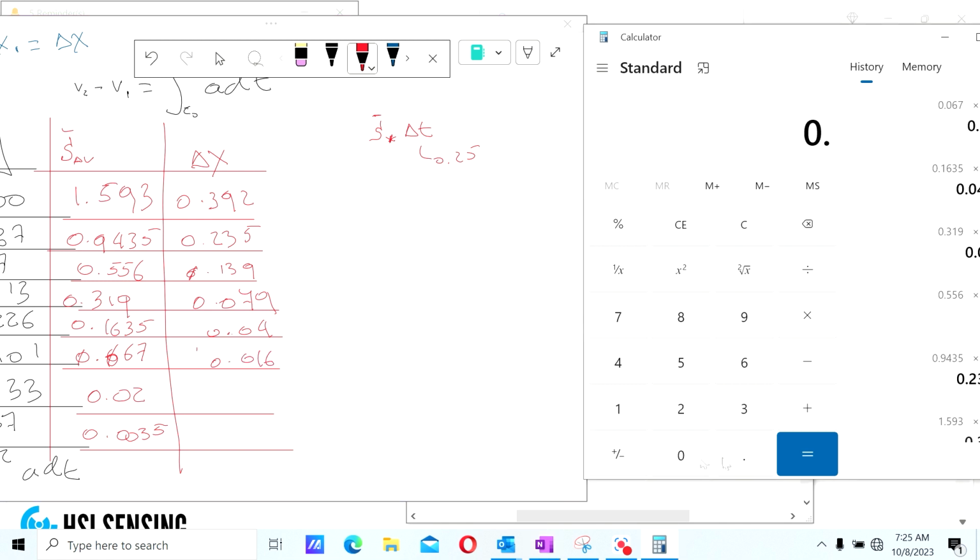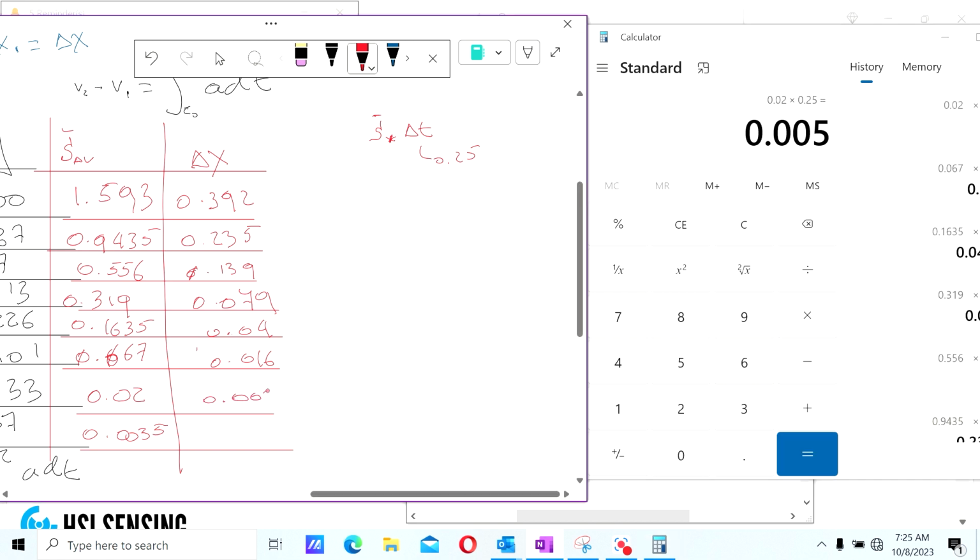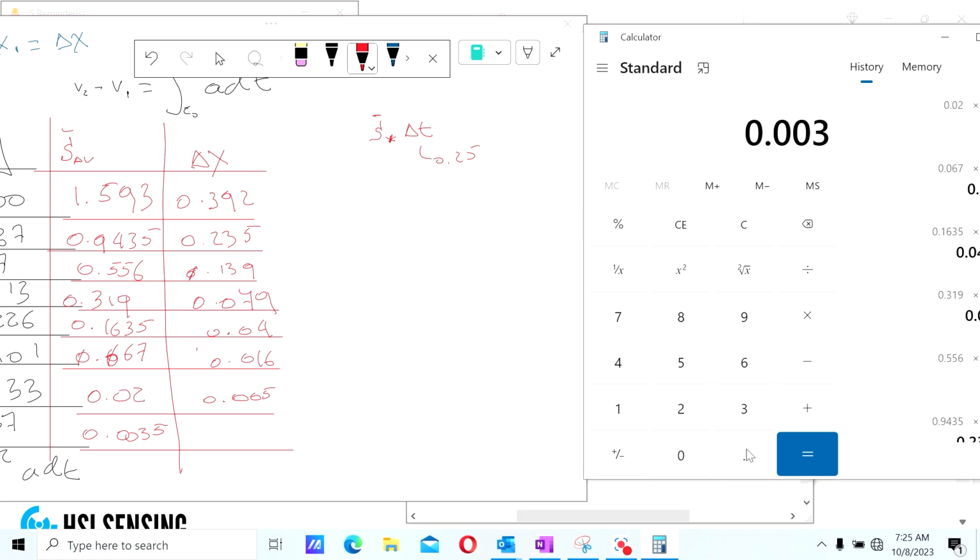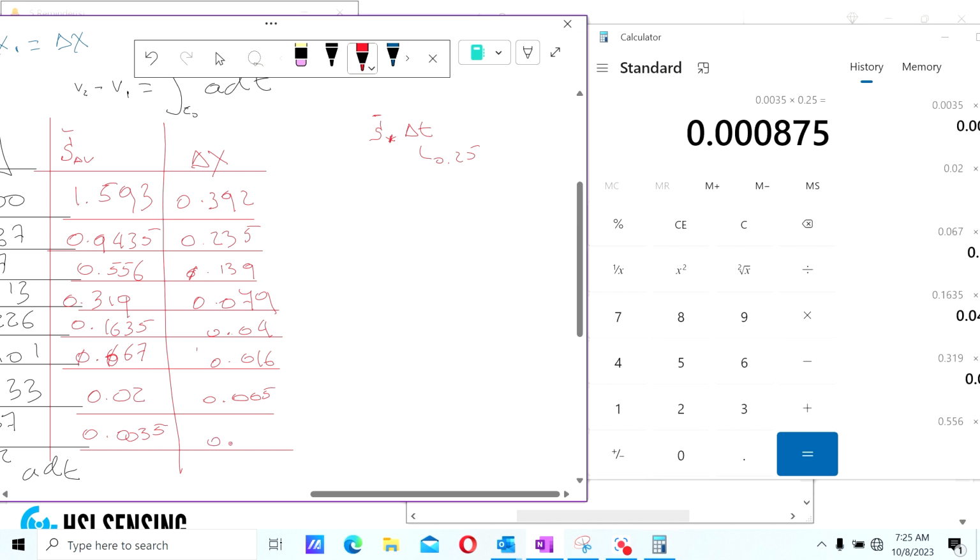Next one is 0.02 times 0.25, 0.005, and 0.0035 times 0.25 equals 0.0008. Very close to 0.